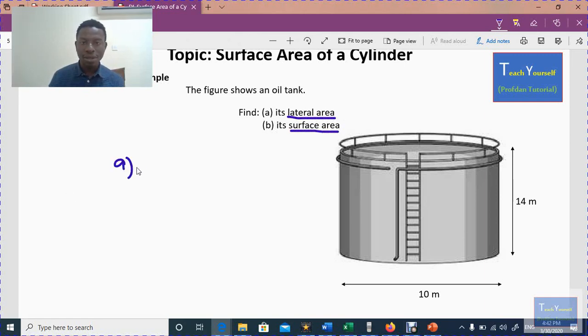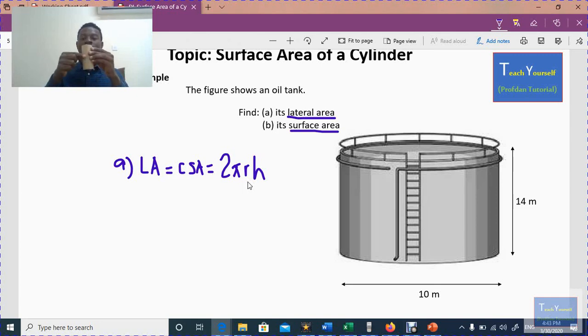Lateral area is the same thing as the curved surface area of the cylinder, which we have deduced to be 2 pi r h. So if this is the oil tank, we are looking for the lateral area of the curved part alone.